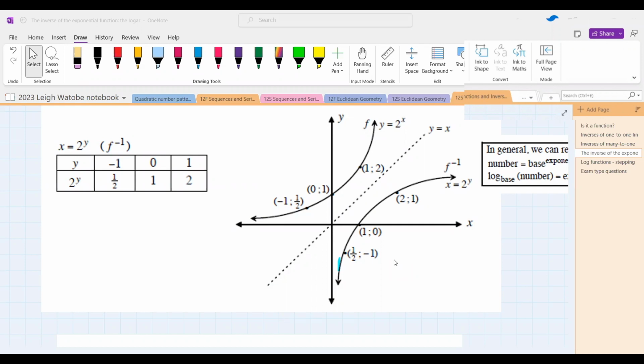If we're talking about increasing or decreasing, increasing means as x gets bigger, y gets bigger. Decreasing means as x gets bigger, y gets smaller. In other words, they're talking about the gradient of the line. Are you walking uphill or are you walking downhill?